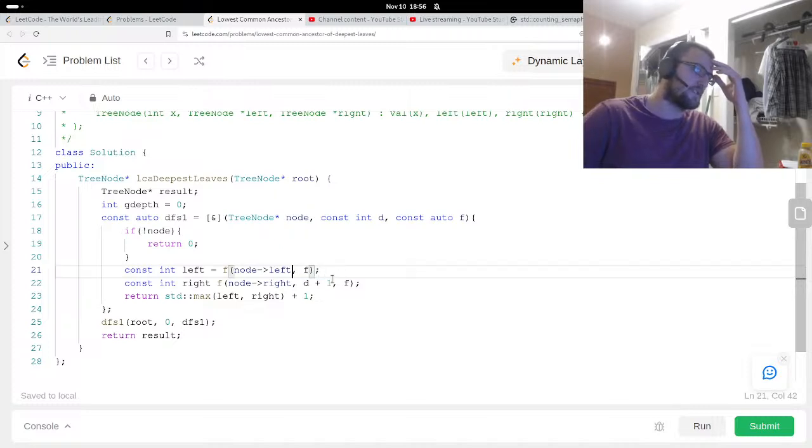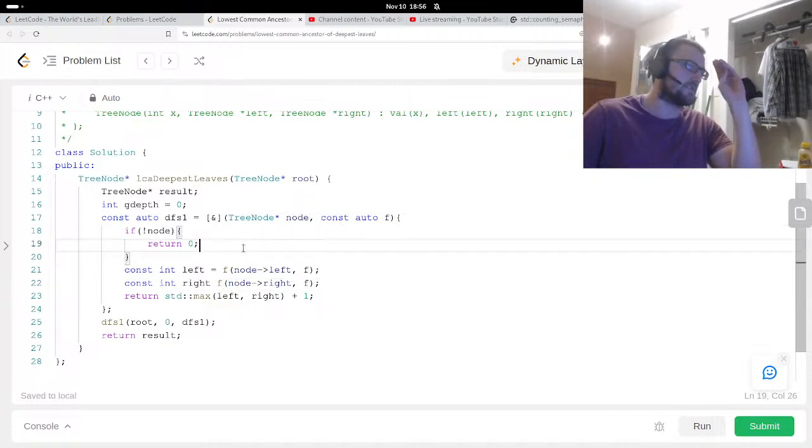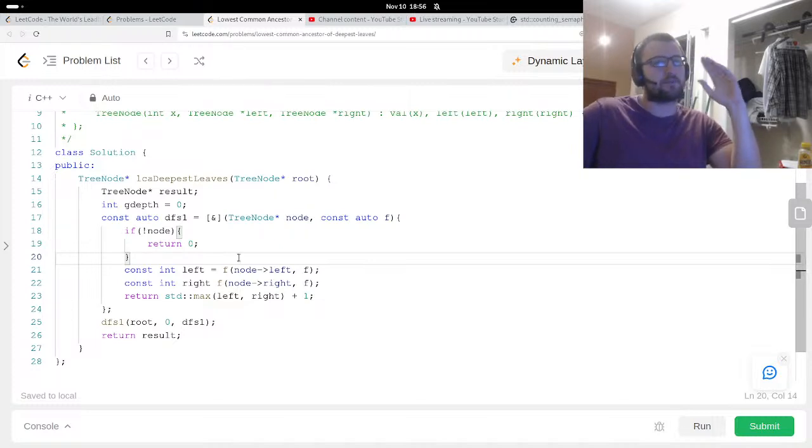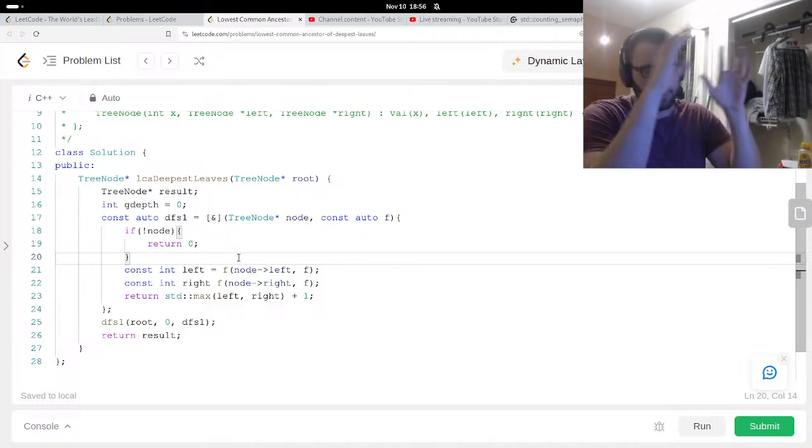It's actually just the left side and the right side. I don't need the depth D initially. I don't even need that. I was going to say it's not necessary. So the greatest depth for each node, that's what this is going to get. It's just the greatest depth.